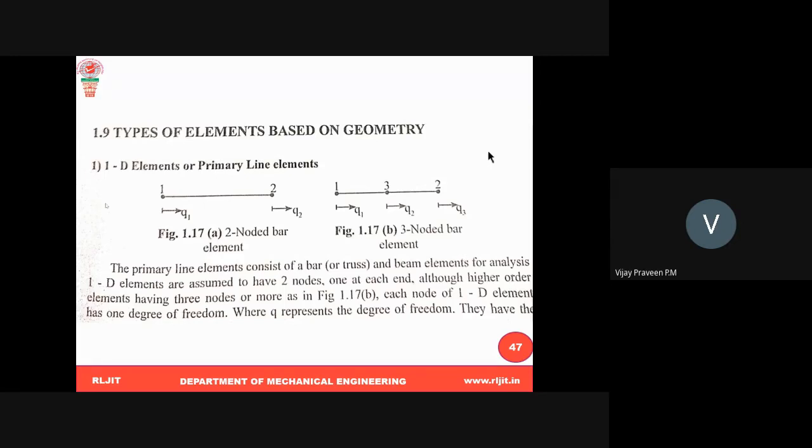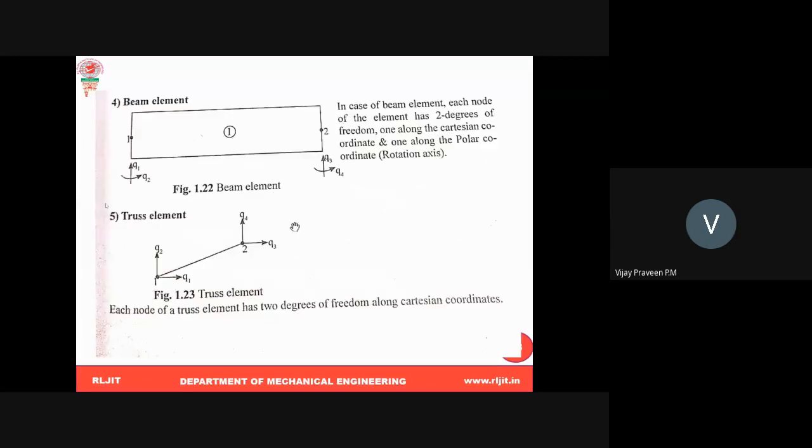In that 1D, there are two special types of element you are going to use. One is called the beam element, the other is the truss element. Usually we use the beam element when solving beam problems. The main difference here is that it has 2 degrees of freedom at these nodes. You can see one is Q1 and one more is Q2.